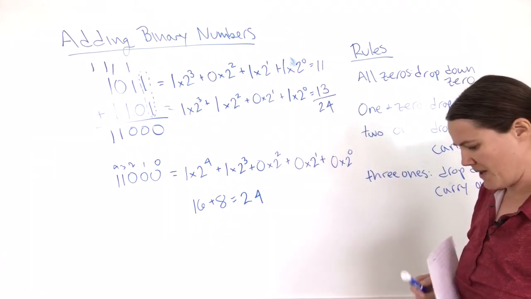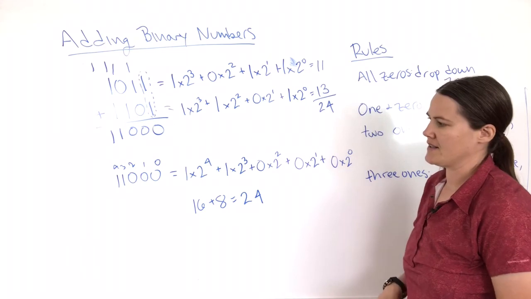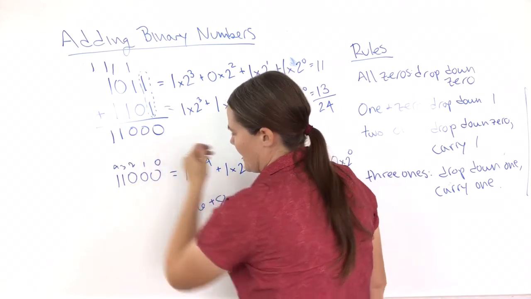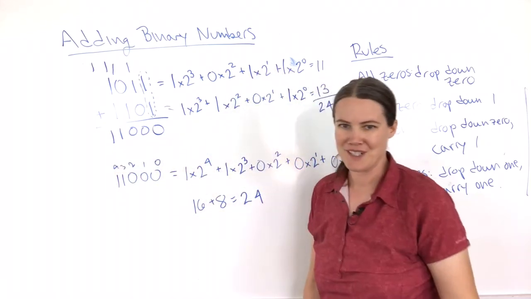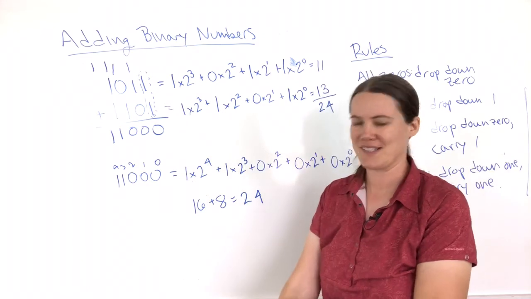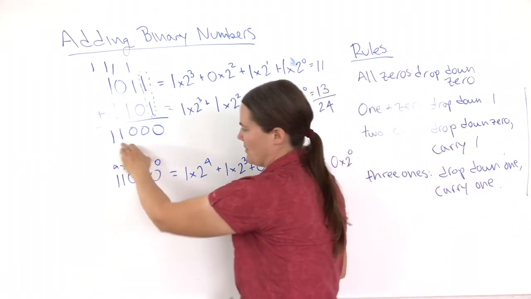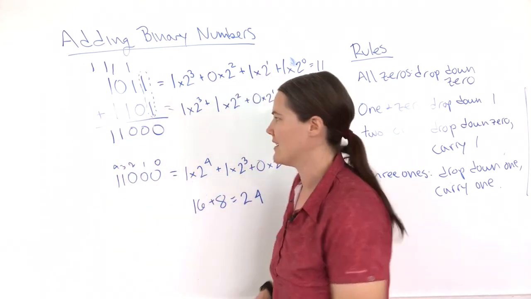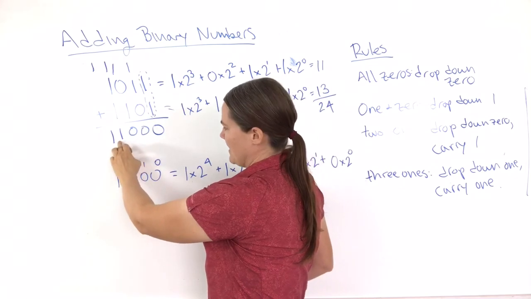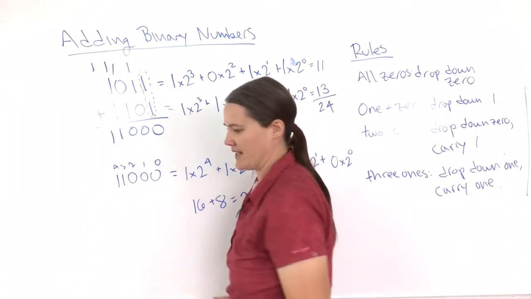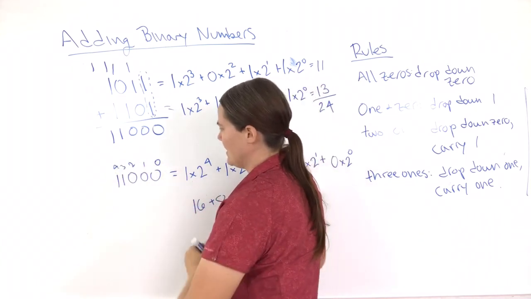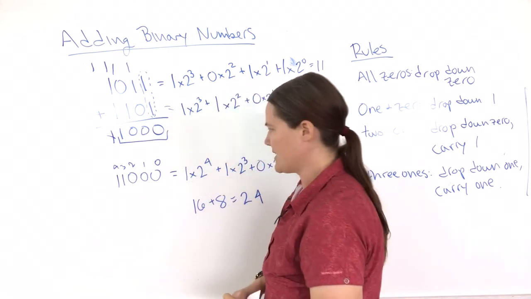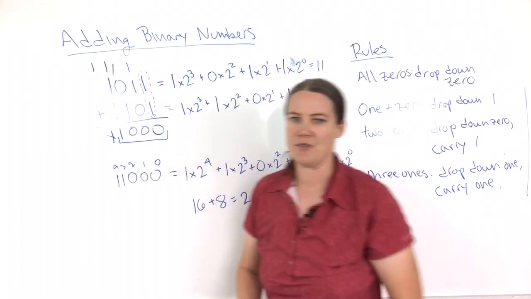And just a note about bits and math. For this example, I kind of made an assumption that we had 5 bits available for our answer. But if we only had 4 bits available, and this might be a good assumption because the two numbers we're adding together are only 4 bits each, then this bit here would have been lost, and we would have been left with this number, which actually wouldn't have been the correct answer.